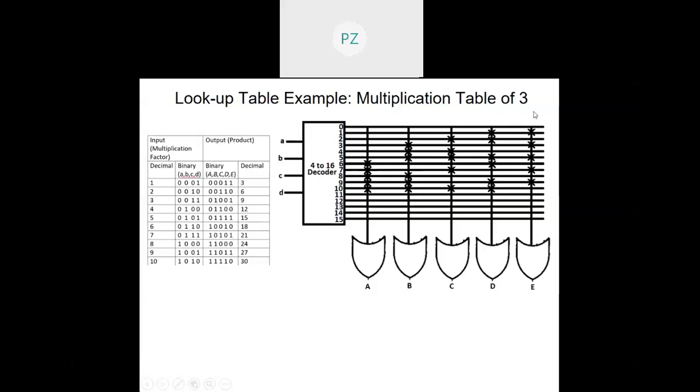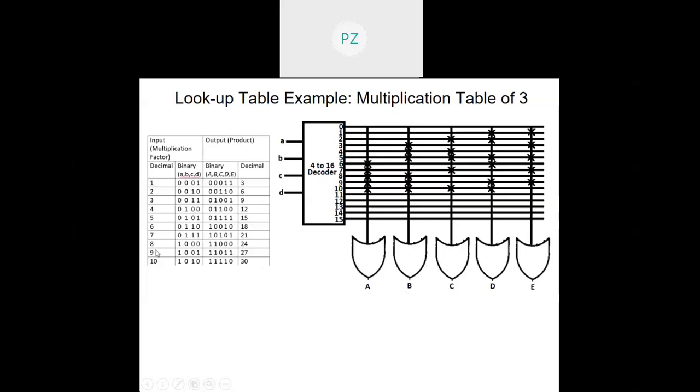Since this is a multiplication table of 3, I don't have to store 3 all over, right? Whenever I give the multiplication factor as input, the product should come out as the output, right? So then it will become the lookup table for the multiplication table of 3. So 3 ones are 3, 3 twos are 6, 3 threes are 9, so on, 3 tens are 30.